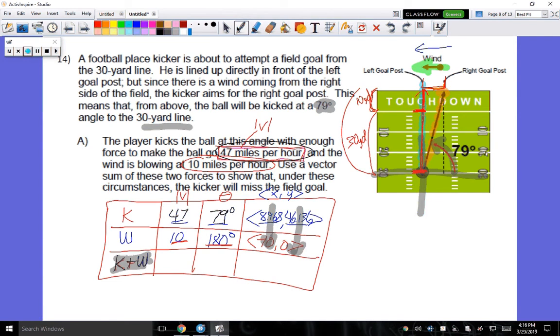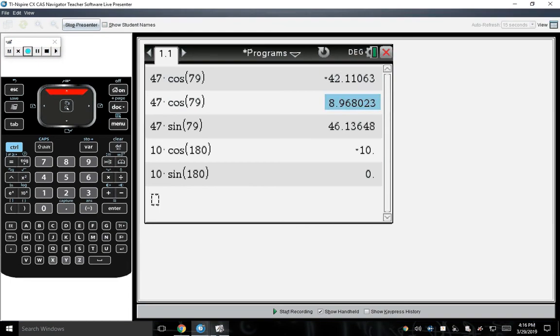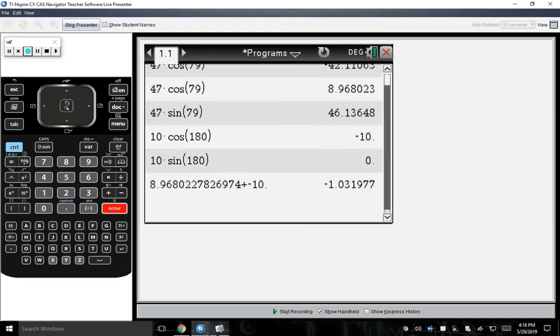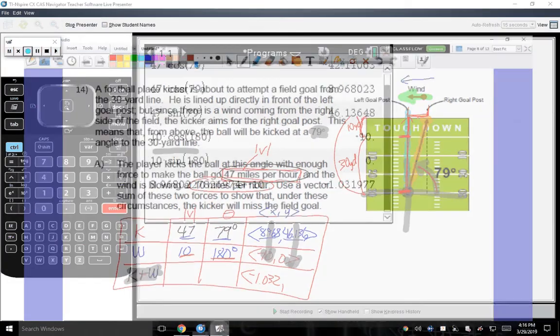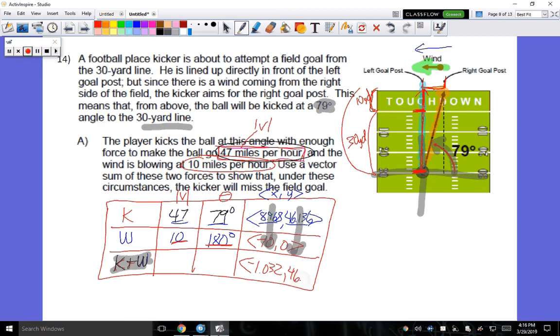In the calculator, we get negative 1.032. Now we add the 46.136 and the 0, so we get 46.136. So this is our resultant vector. Very, very important.